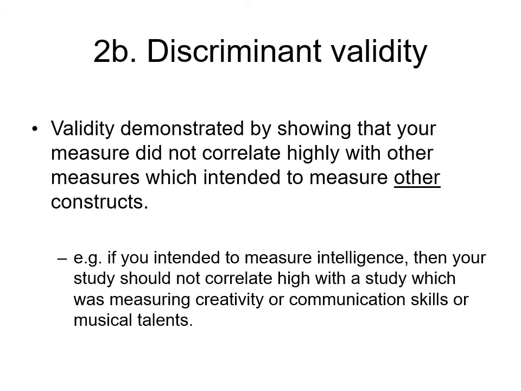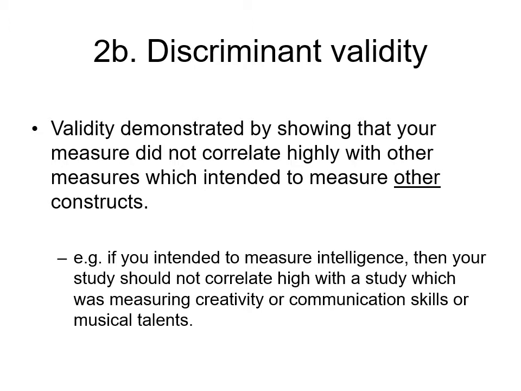Now, what is discriminant validity? This is validity demonstrated by showing that your measurement does not correlate highly with measures intended to measure other constructs. So if you develop an intelligence test, the results should not correlate well with other things such as creativity, communication skills, or musical talents.